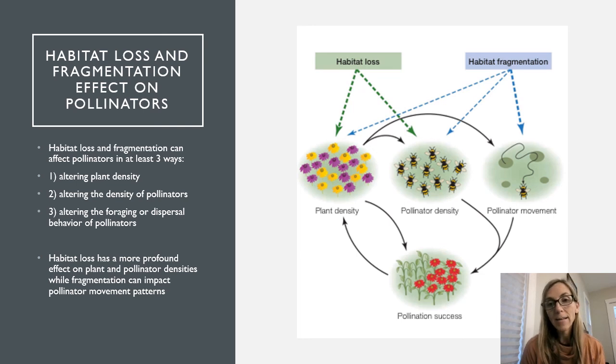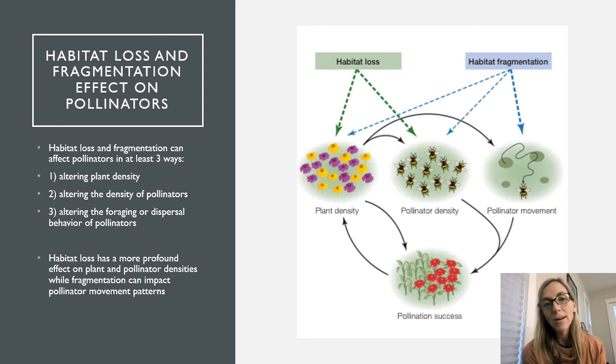This habitat loss and fragmentation can affect pollinators in at least three different ways. It alters plant density. It alters the density of the pollinators themselves, which are often social, and to some extent the structure of their communities depends on a certain critical mass. It alters the foraging and dispersal behavior of pollinators over time.